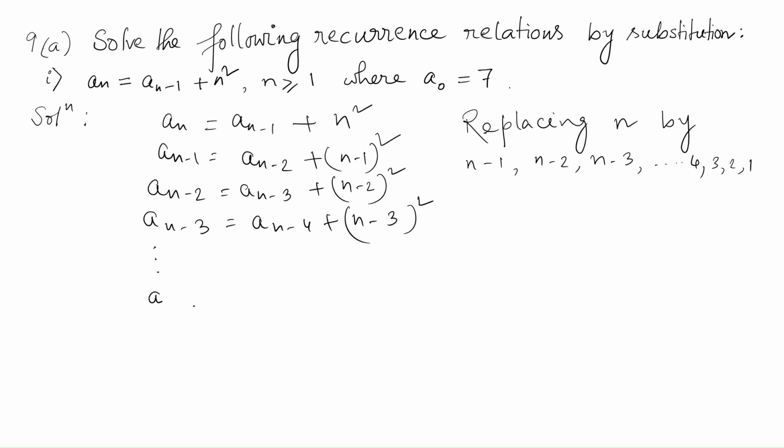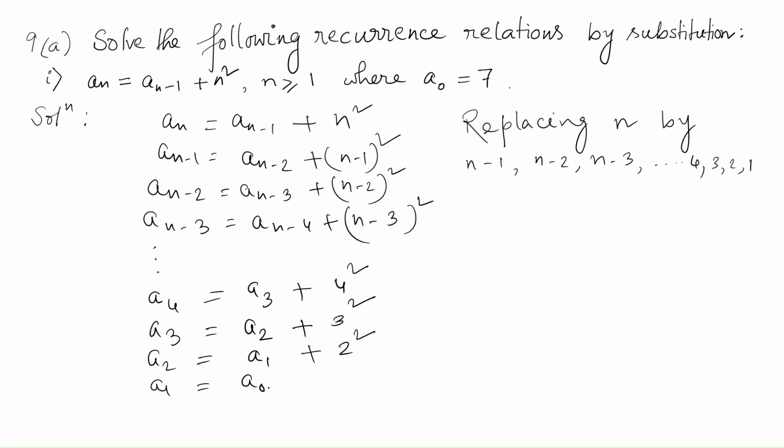a 4 equal a 3 plus 4 square. a 3 equal a 2 plus 3 square. a 2 equal a 1 plus 2 square. a 1 equals a naught plus 1 square. Now if we add all of them, then on the left hand side and right hand side these terms will be cancelled.